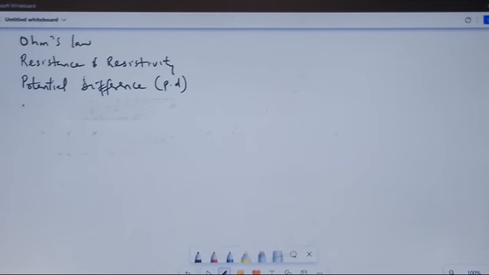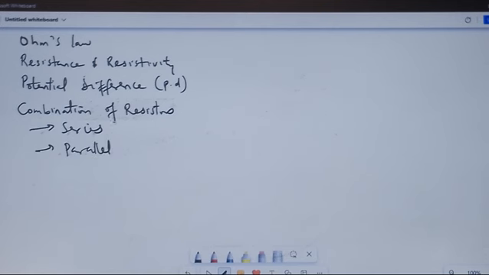After which we'll just breeze through resistors in series and in parallel, or simply combination of resistors, where resistors are either in series or in parallel. So these are going to be the focus of this particular lecture.